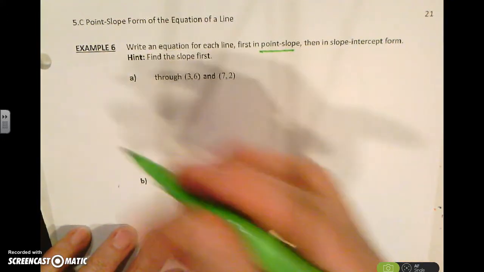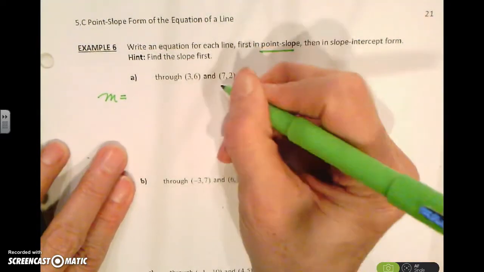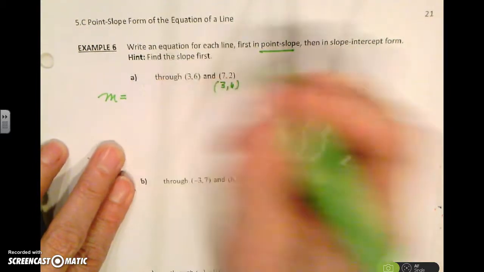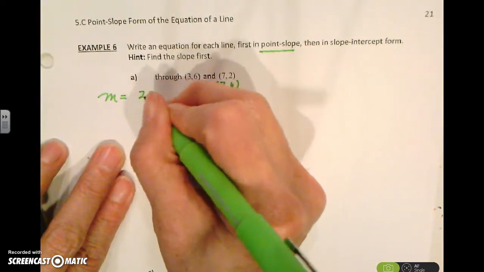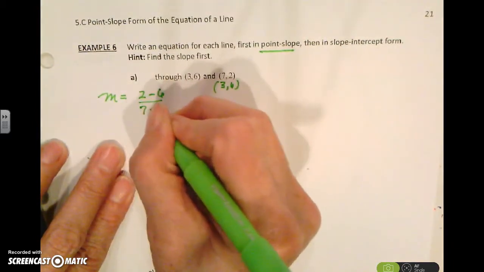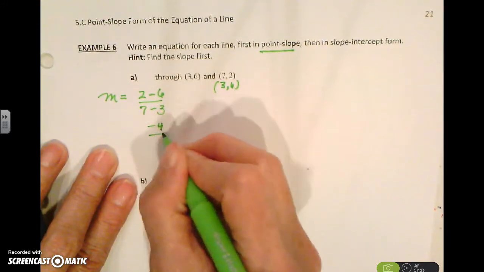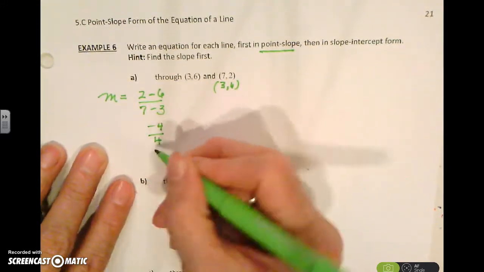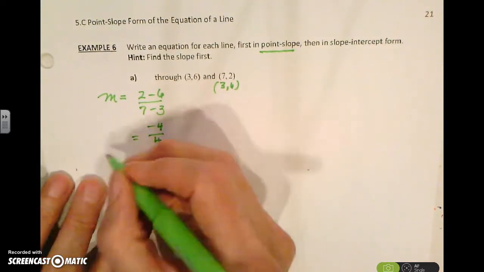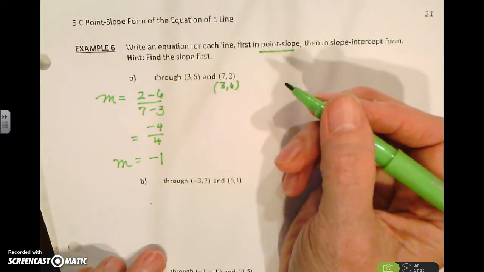But I'm given 2 points, so I can calculate the slope. So I'm going to write 3, 6 here. So I'm going to have 2 minus 6 over 7 minus 3, and that's going to give me negative 4 over positive 4, which is going to simplify to negative 1.